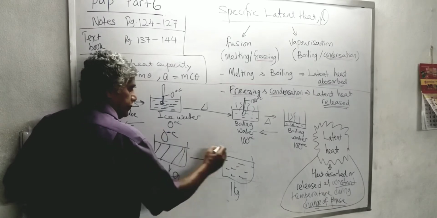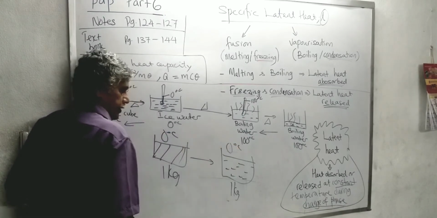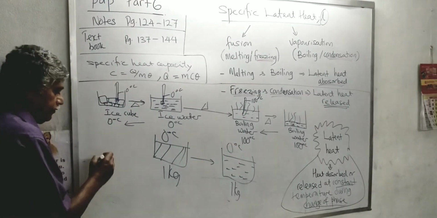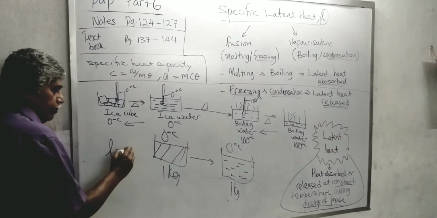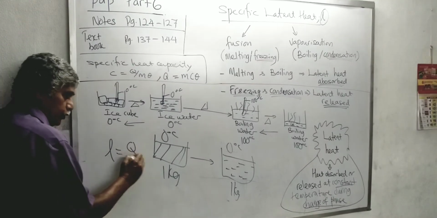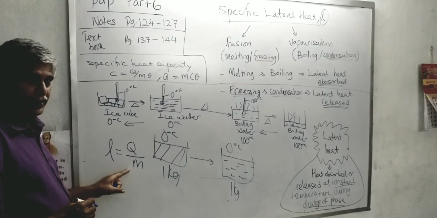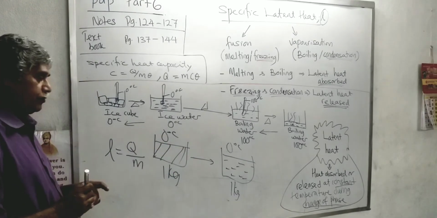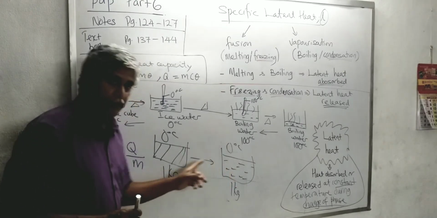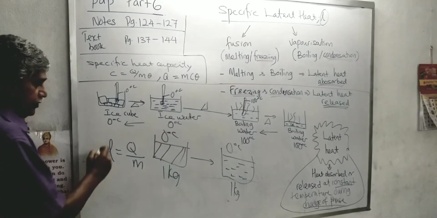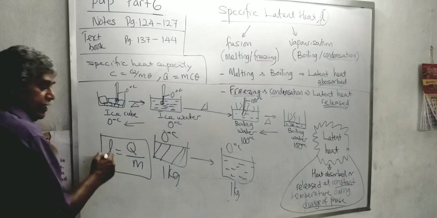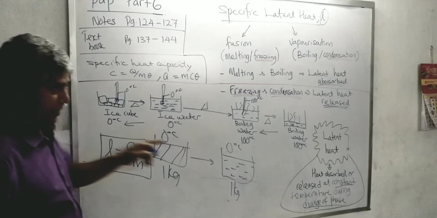Temperature is the same, 0 degrees Celsius. So the latent heat here we define as the amount of heat required to change 1 unit mass or 1 kilogram of ice from solid to liquid without change of temperature. So this is the definition, which we have explained.